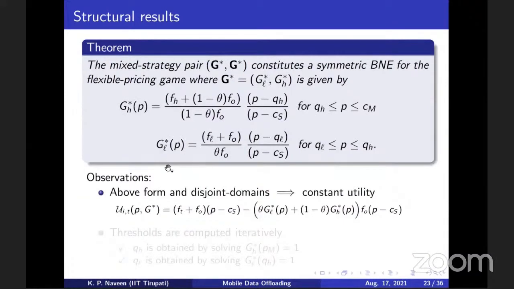It follows from this expression of the utility function. Once you see this utility function, you have to pick a distribution. Essentially you want a constant on the domain of the distribution, you need to end up with a constant. That means there is a function of p.